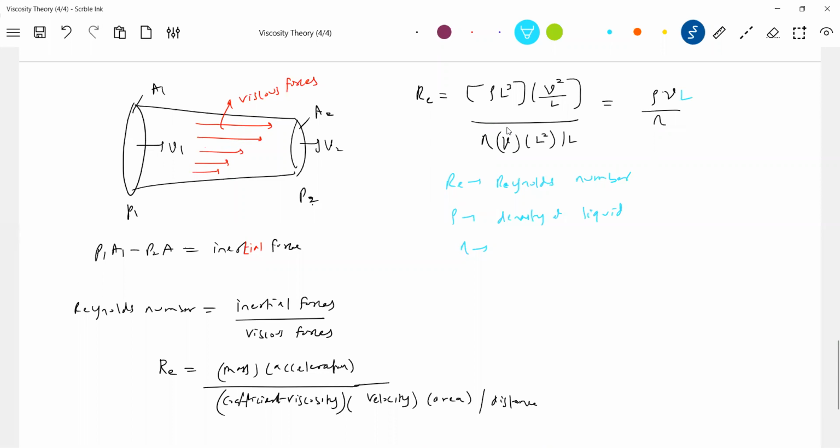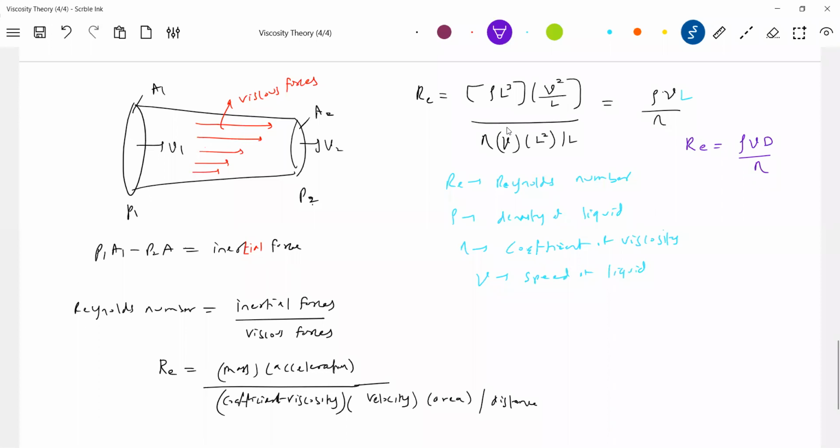Eta is called the coefficient of viscosity. V is the speed of the liquid. This L we further write as the diameter, a capital D only.